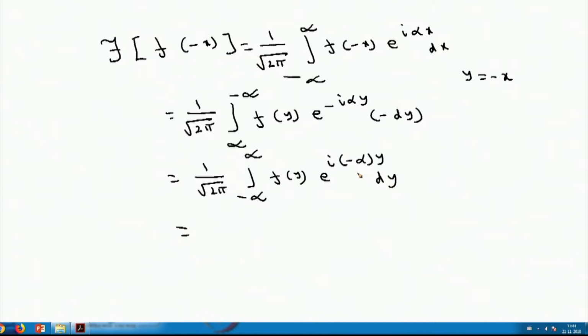Therefore, this is again the Fourier transform of the function where x equals minus alpha. So, I can write f of minus alpha, because here it is minus alpha, and from the definition this is the Fourier transform, so I can write capital F of minus alpha.